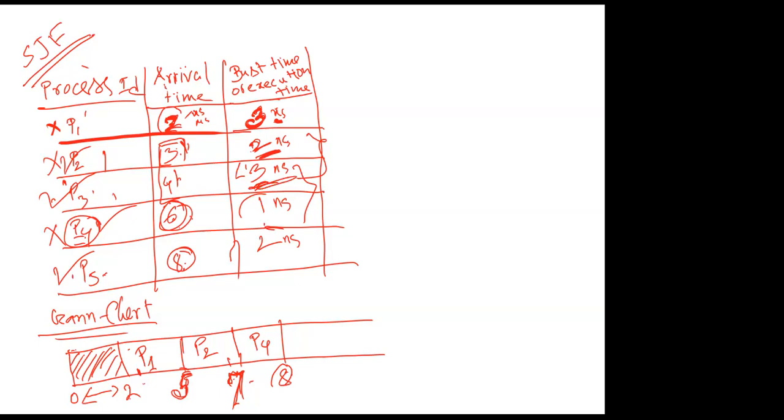P3 needs 3 time units, and P5 needs 2 time units. So P5 will be scheduled, since it needs the least burst time or execution time. It will execute for 2 time units, from 8 to 10.